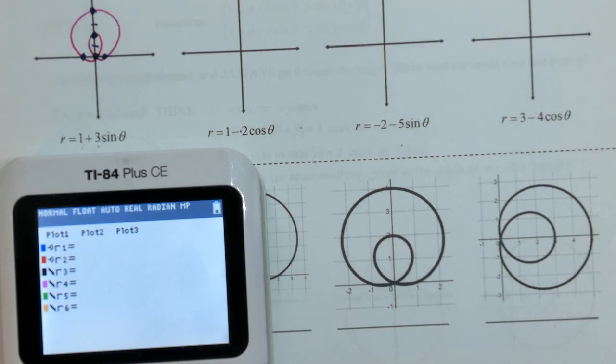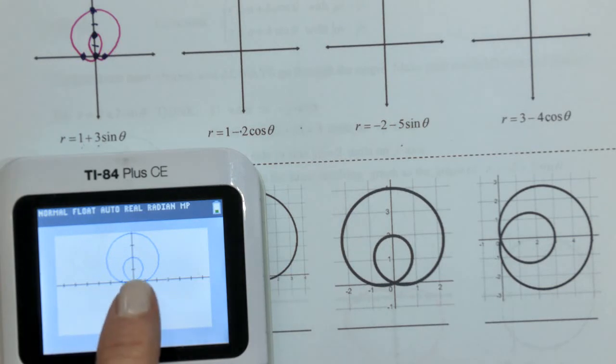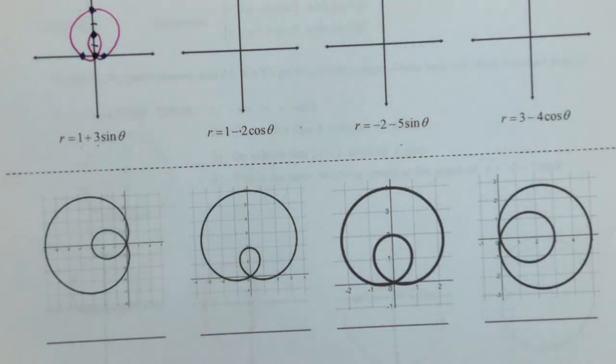So we've got 1 plus 3 sine theta. So that's what it should look like, even plumper than what I have it drawn, okay? And the little loop is plump as well. It's not a skinny little loop. You're not going to be graded on your artistic abilities, however.